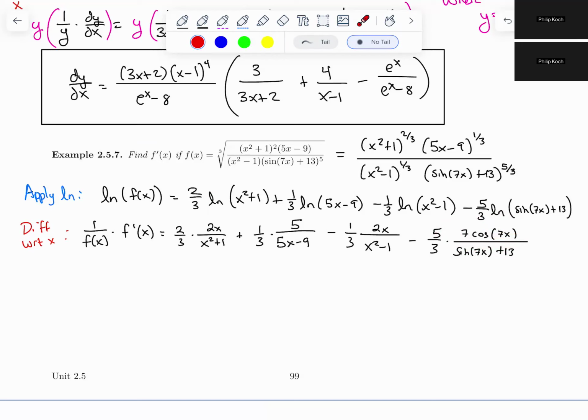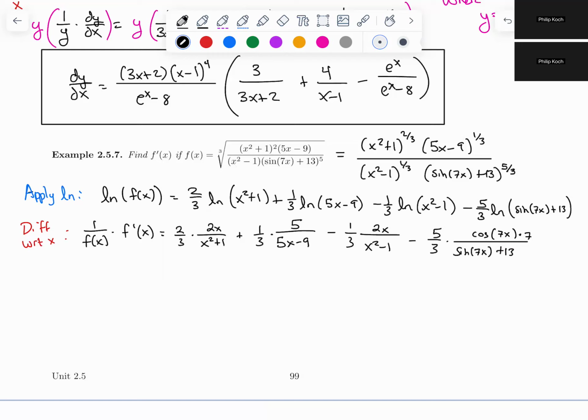The derivative of sine, being the outer function, would be cosine. And I should write that 7 over here to make it more visual, like what we're used to seeing. But times the derivative of the inside, the derivative of 7x would just be 7. That's where all of that is coming from. Is that okay? Any other questions on that?